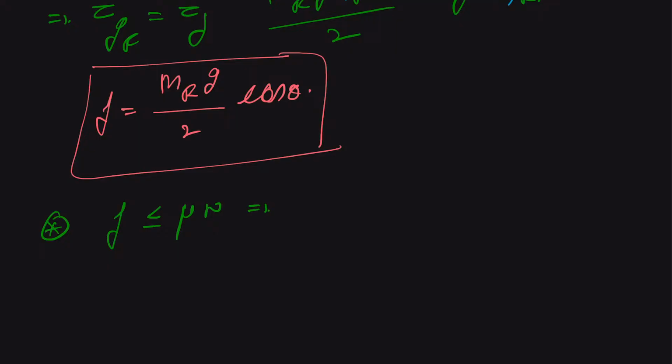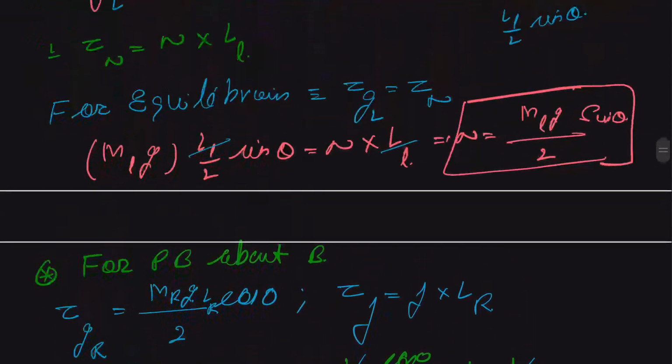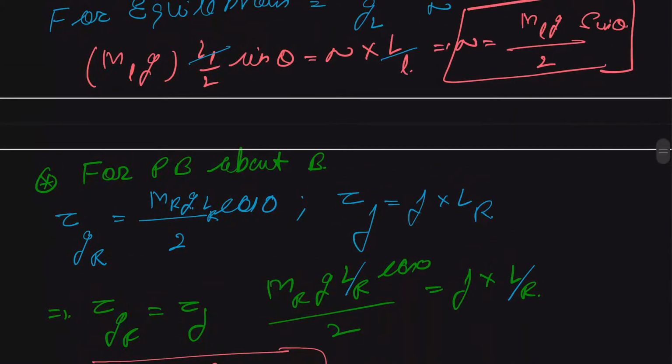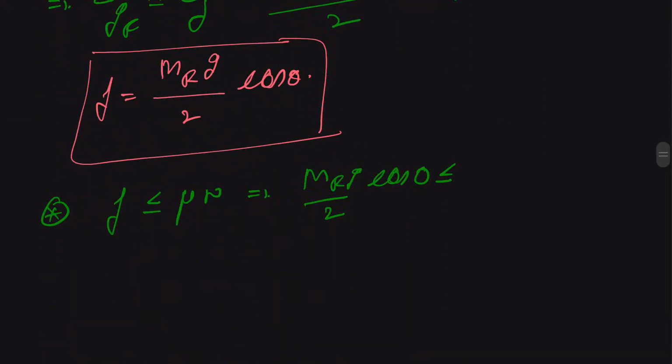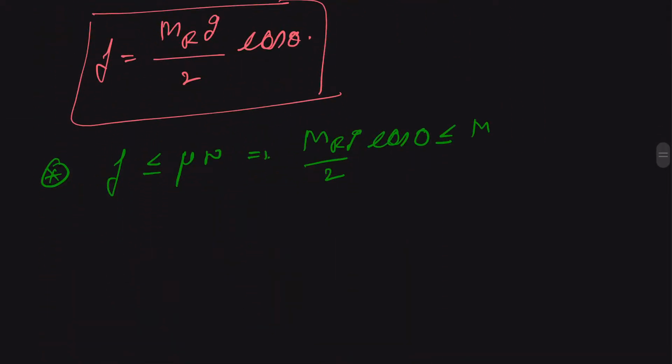So we substitute it, and we get m right G upon 2 cos of theta is less than or equal to mu times m left G by 2 sine of theta, and here the 2 and G cancel out.